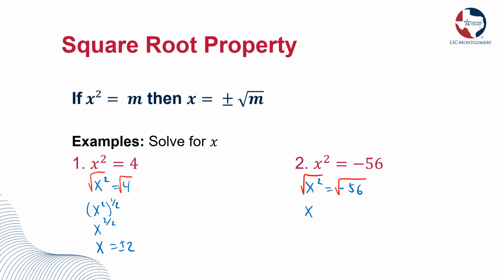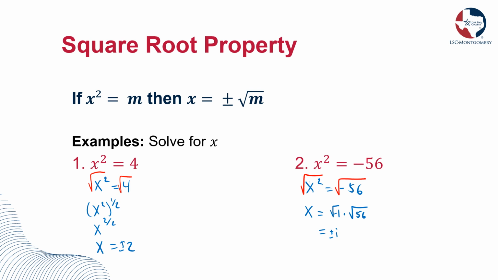But on the right side, negative 56, first off, can be written using rules for products of radicals as square root of negative 1 times square root of 56. But we know the square root of negative 1 is actually an imaginary number, and that will just be i. And because we've taken a square root, we should have plus or minus in front.